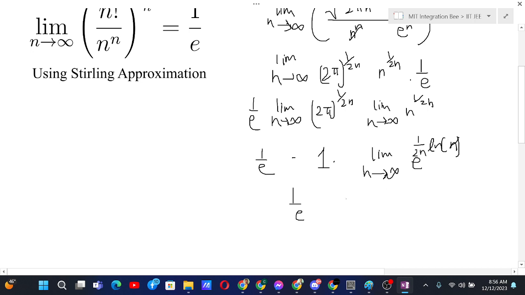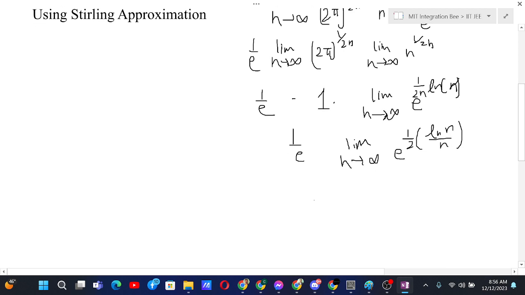Now we have 1 by e times limit n tends to infinity of e to the power 1 by 2 times ln n by n. Now I can take the limit over here to the exponent, because we have that property for limits which allows it. So 1 by 2, and then limit n tends to infinity of ln n over n.